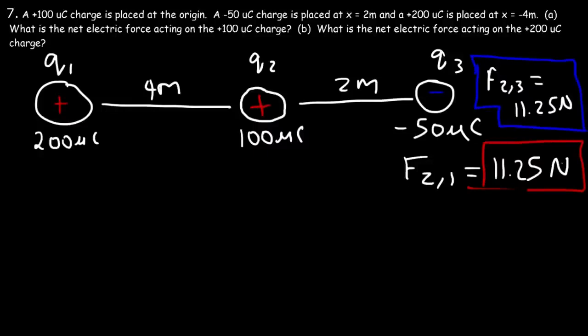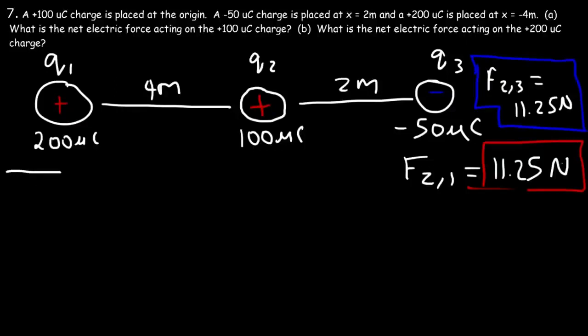Now let's move on to the next part. What is the net electric force acting on the 200 microcoulomb charge? So that's on Q1. So let's see what effect Q2 has on Q1. Q2 repels Q1. So Q2 will cause Q1 to go in this direction.